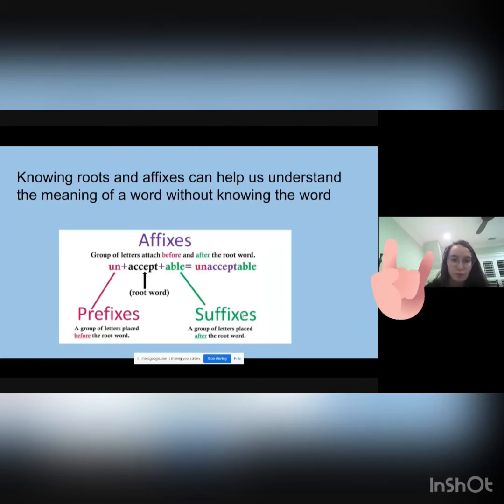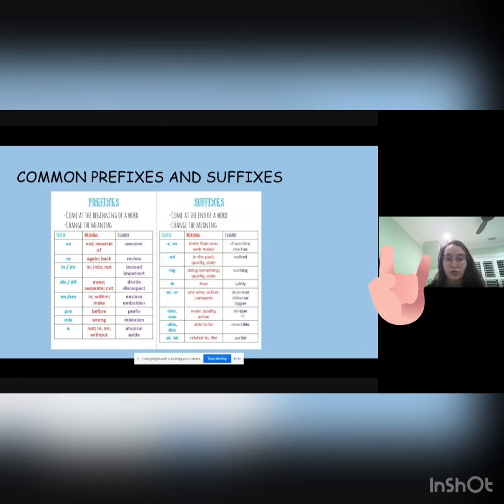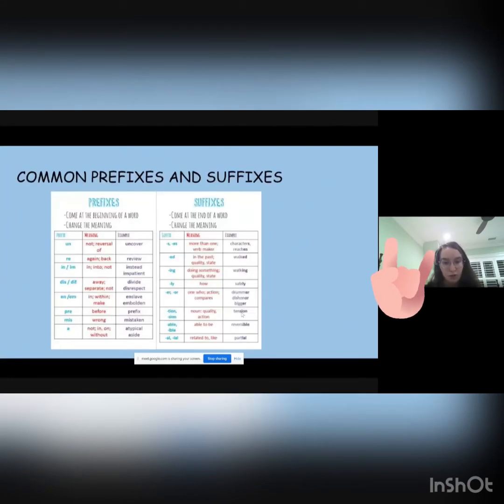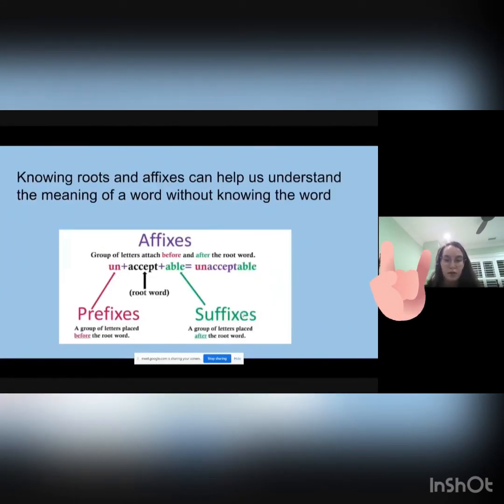For example, we have the word unacceptable here, which is comprised of the prefix un, which, like we talked about here, means not or reversal of. It has the root word accept, and it has the suffix able, which again, as we talked about, means able to be. So we have not able to be accepted.